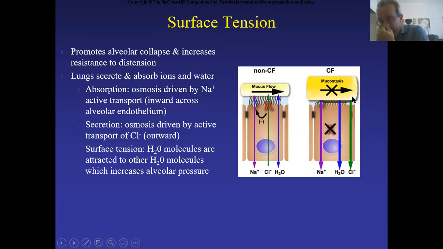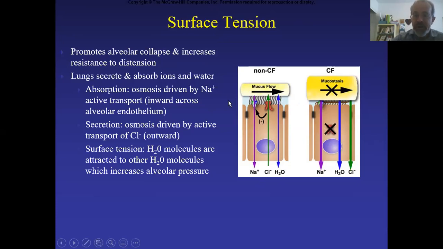Remember, I mentioned that there's mucus that lines the tubes. They also line the lungs. But we'll get into that later. For now, I just want you to know that the fluid content is maintained on the surface of the respiratory cells by this constant interplay of sodium, water, and chloride diffusing back and forth across the membrane.